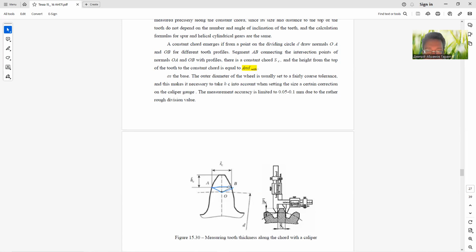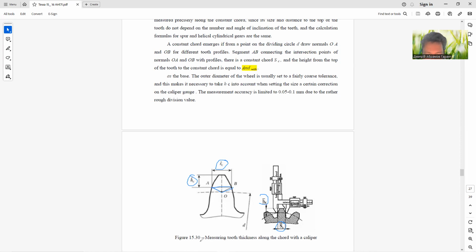There is a constant chord S suffix C. And the height from the top of the tooth to the constant chord is equal to H suffix C. HC and SC.